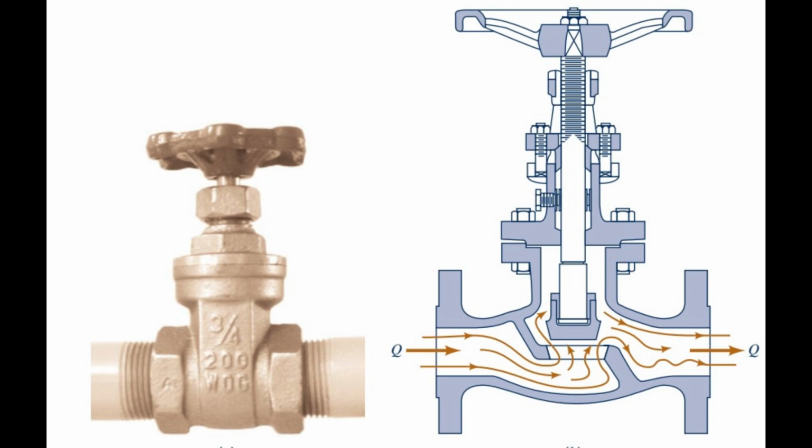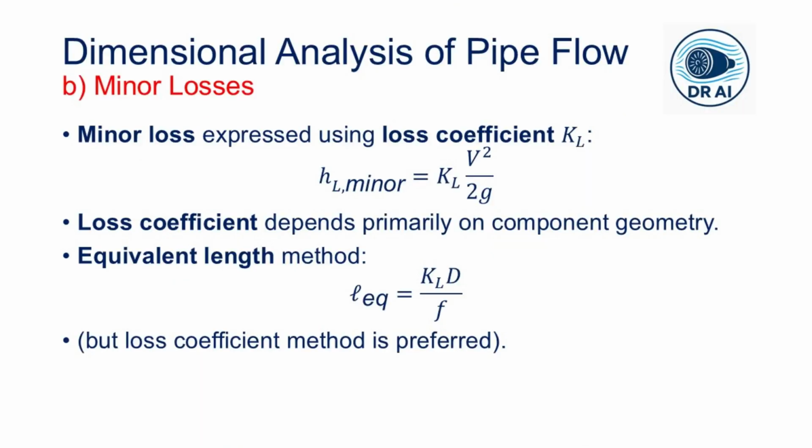The most common way to represent these losses is with a loss coefficient, denoted K_L, which is defined as the ratio of delta P to half rho V squared. So the head loss through a component is simply K_L times the velocity head, as represented by this equation: h_L,minor equals K_L V squared over 2g.